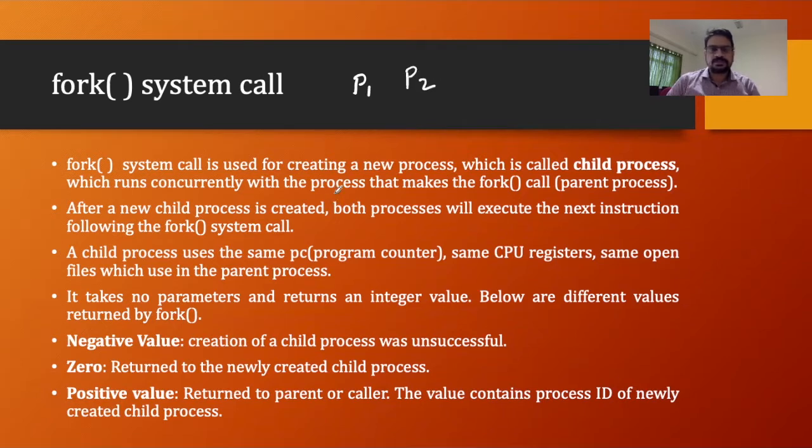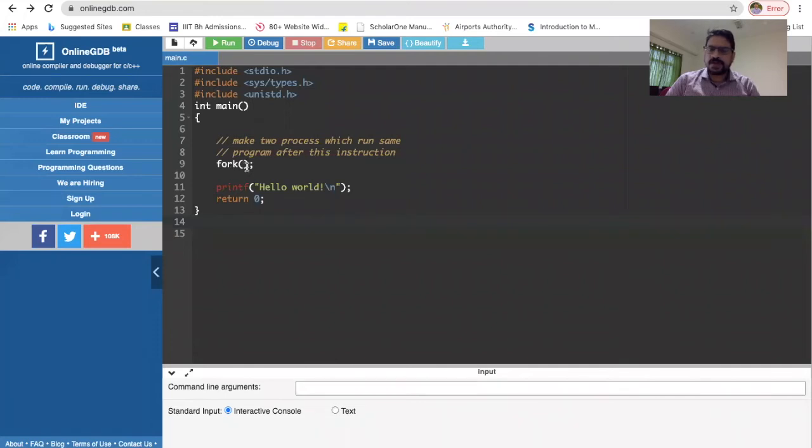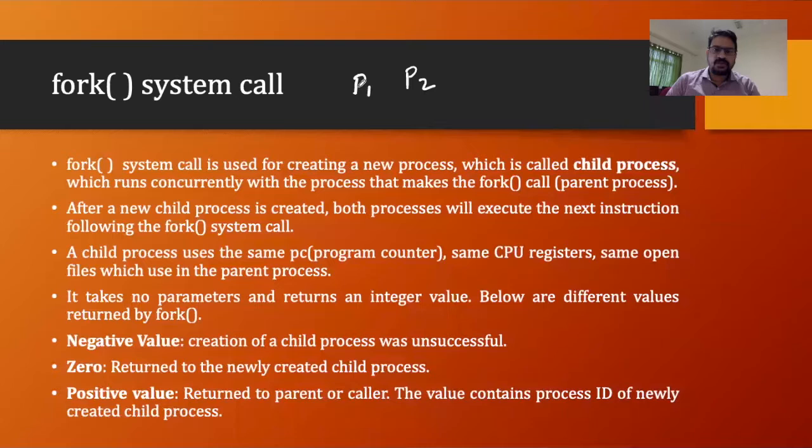This fork is executed by P1 and P2 is created. Once P2 is created, fork will return a value. Let's say it returns a positive integer, 100. It will return 100 to P1, and it will return 0 to P2.